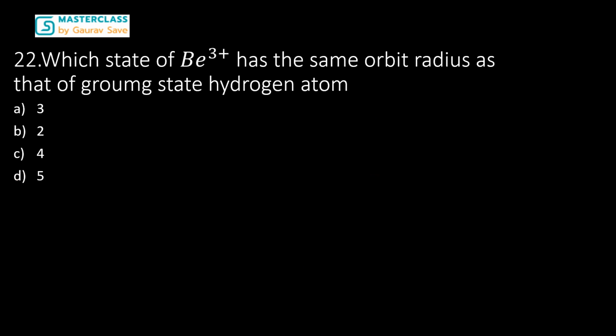Next, which state of B plus 3 has the same orbit radius as that of ground state of hydrogen atom? Okay guys, so they are asking which state has same radius as that of ground state of hydrogen atom. That means radius of nth shell of B plus 3 should become equal to that of radius of first shell of hydrogen atom.